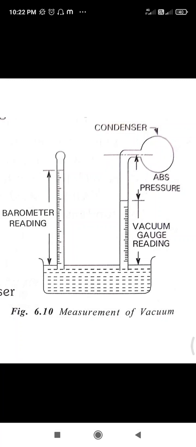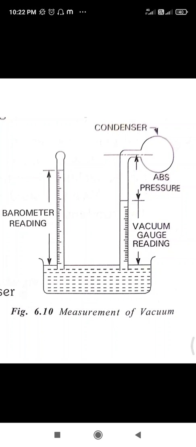It consists of a barometer reading, the absolute pressure in the condenser, and a vacuum gauge reading. Actually, we know that the absolute pressure is equal to the barometric reading minus the vacuum gauge reading.